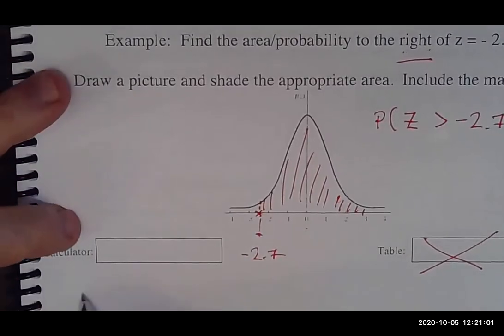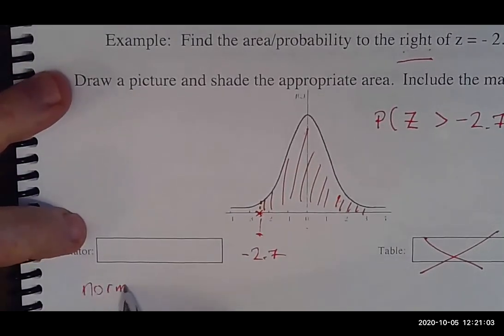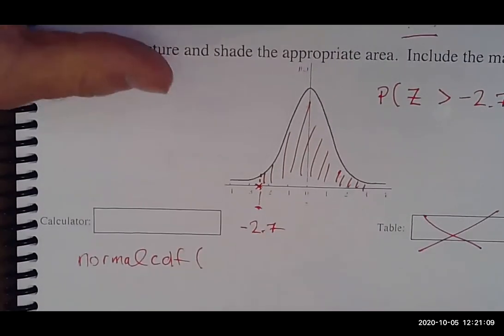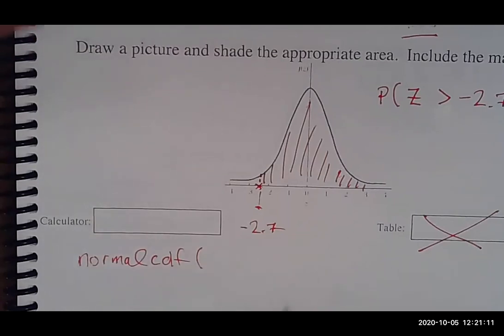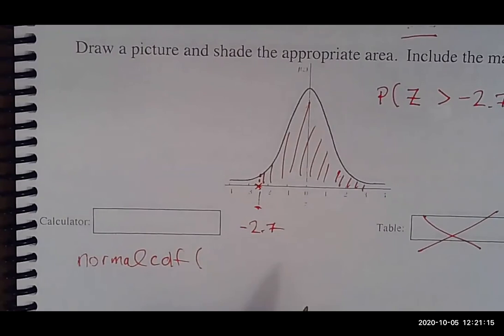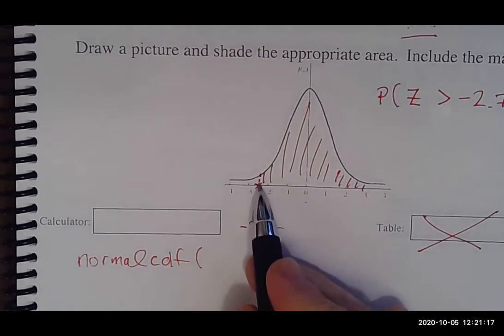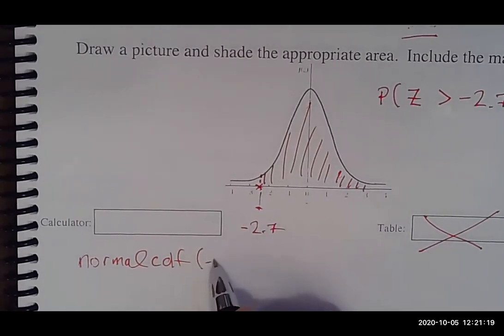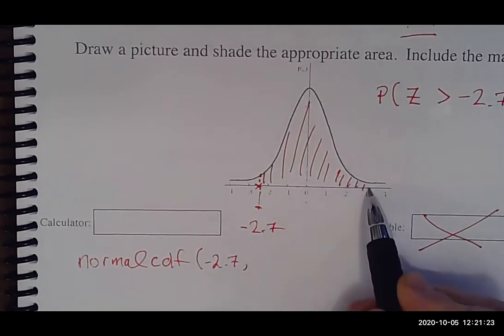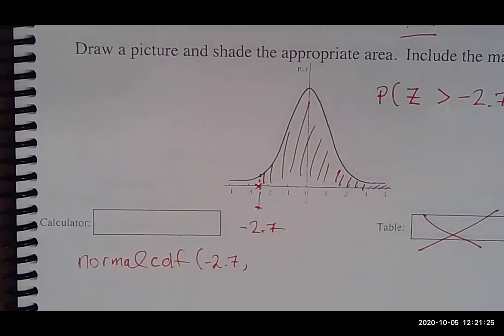Well, let's see. We go normal, NOR, normal CDF. And then we do left, right, or lower, upper. I think the calculator says lower, upper. Left here is -2.7. Right is all the way out here forever to infinity.